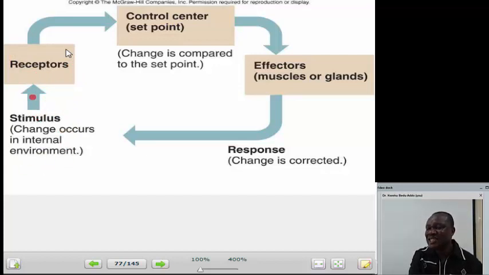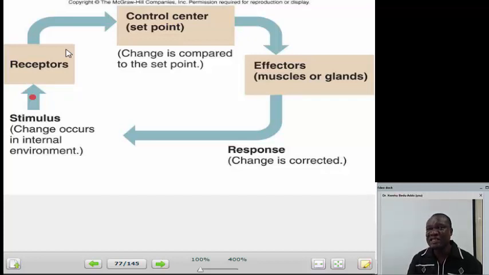Now, the detectors, which are the receptors, will detect the changing internal environment, the stimulus. So they detect the stimulus and will generate an output. The changes will be sent to the control center or the integrating center.